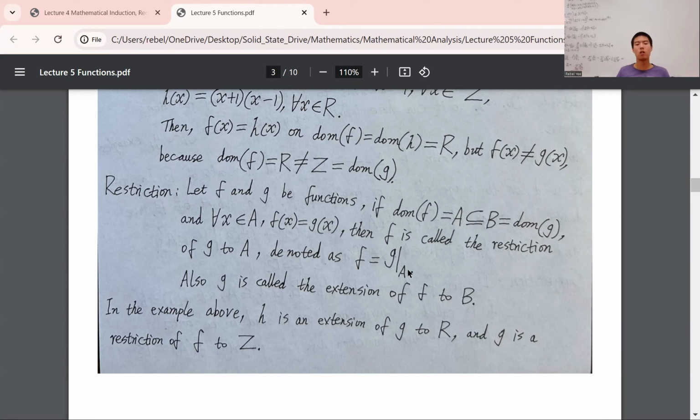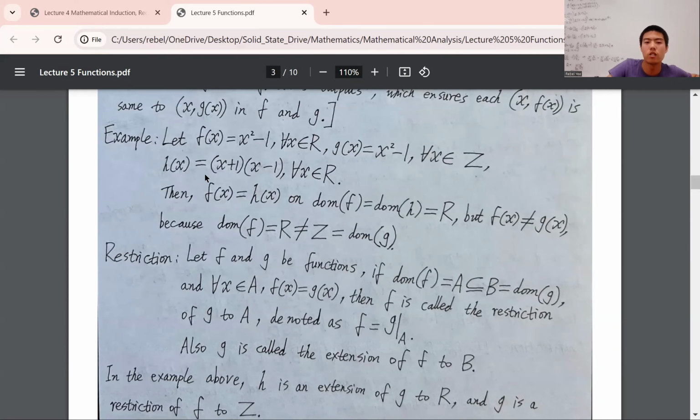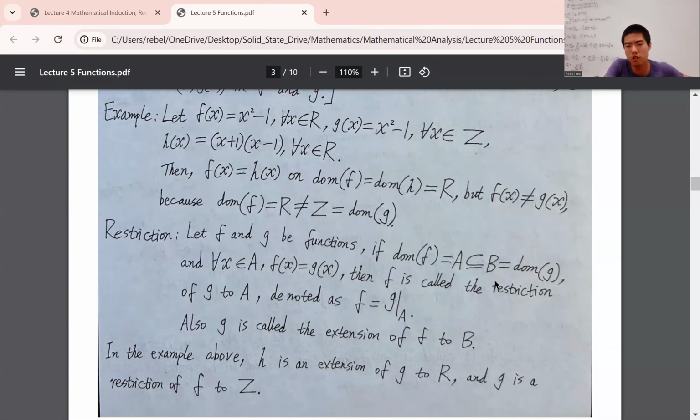Okay, so in the example above, we can say H and F, as they're the same, they're both an extension of G, because they just expand G from the set Z to the set R, from integers to real numbers. So F and H are the extension of G from set Z, but is G a restriction of F and H?